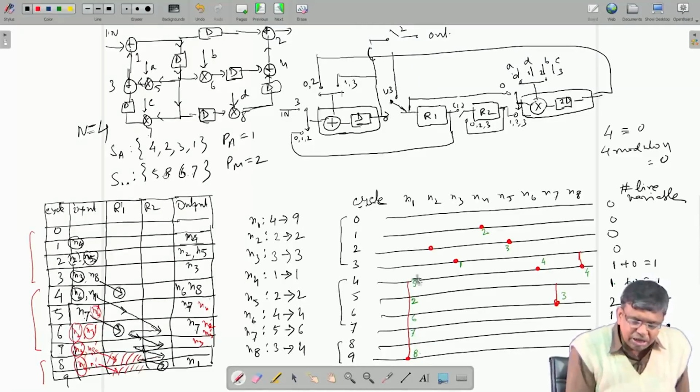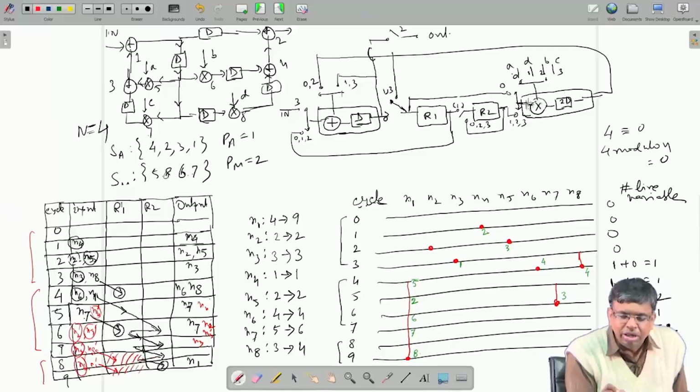Now, one thing you see, as N1 is born, even in the cycle 4 itself, that is without being stored, it goes to device 5, which means the input of multiplier 5. That is why there is a parallel path directly going to the multiplier. Okay, and this multiplier input will touch it in the same cycle 4, which is equivalent to 0. So, this will directly go here and go to the multiplier. This multiplier in the cycle 0, that is cycle 4, will work for this.